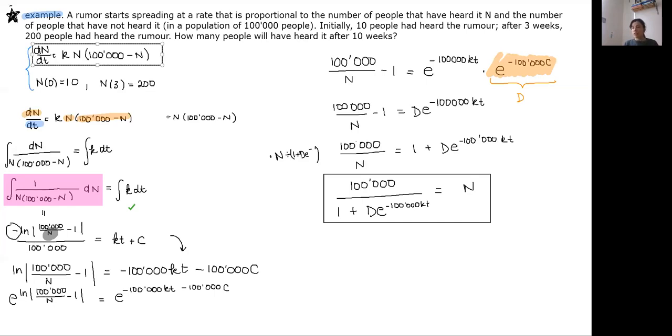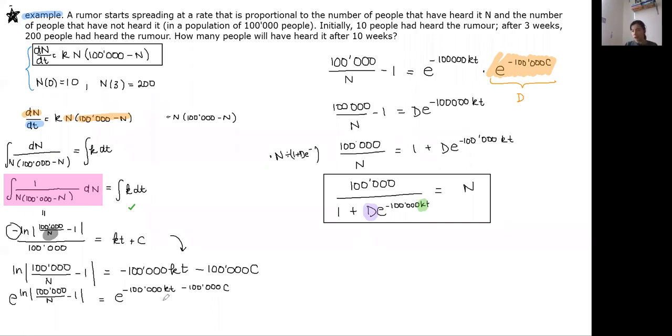All right, so we have now solved the initial differential equation. What we're going to try to do now is to find the values that we don't know yet in our expression based on the initial conditions that were given, right? So we know that we still have to evaluate the value of k over here, and that we still have to evaluate the number d that I have over here.